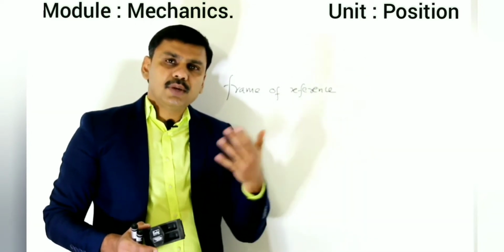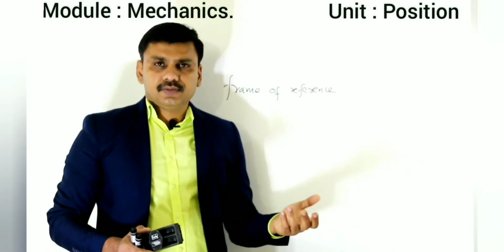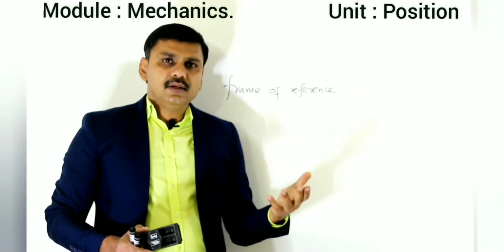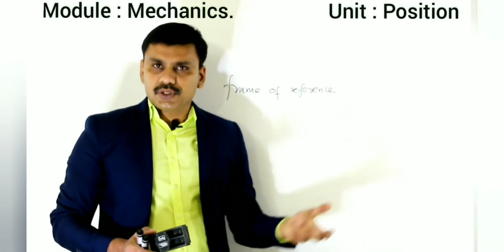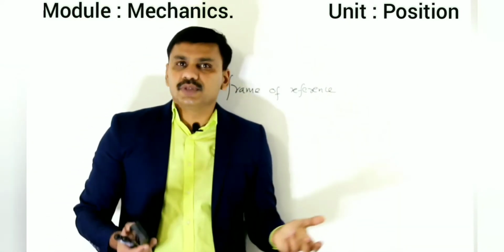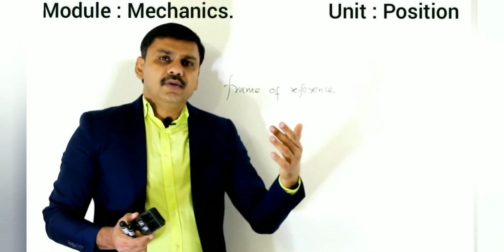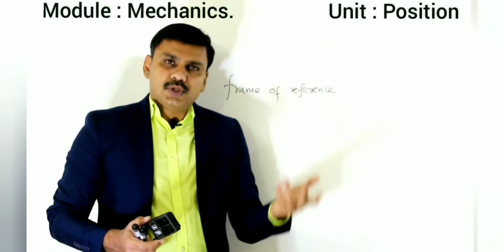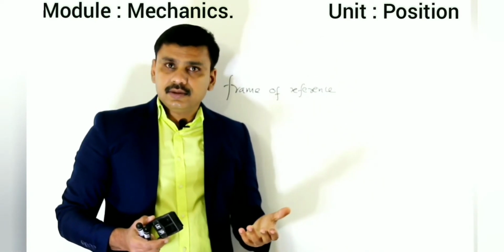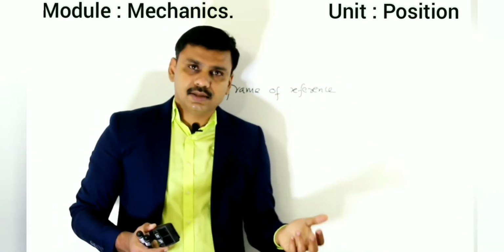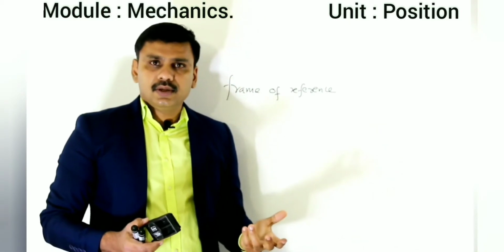So with respect to a building, you are in motion. So an object can be at rest or in motion relative to another object. When you walk, you are in motion. The trees are at rest. The buildings, they are at rest with respect to another object.